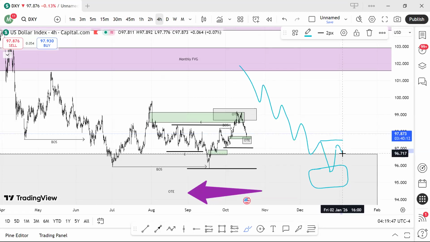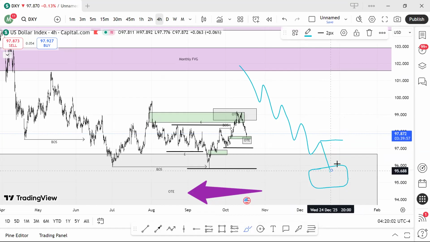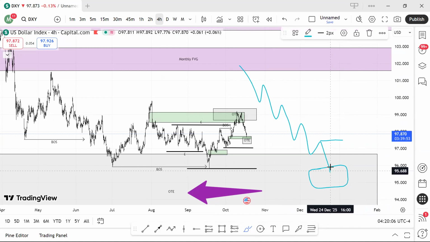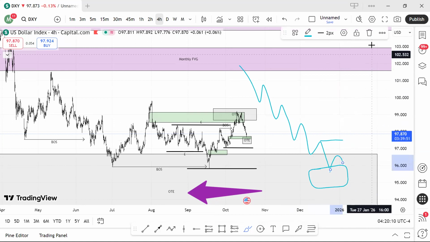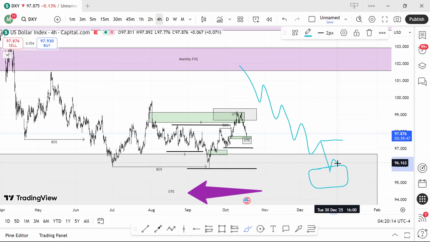And the market was also pushing to the upside like this, and moving on the daily time frame. So the market was bullish, moving like this. Then it's pulling down like this.